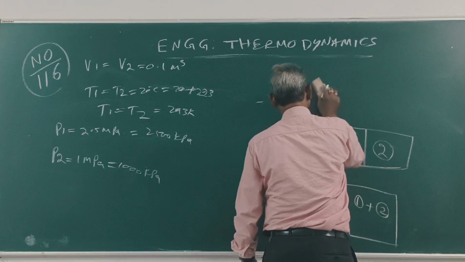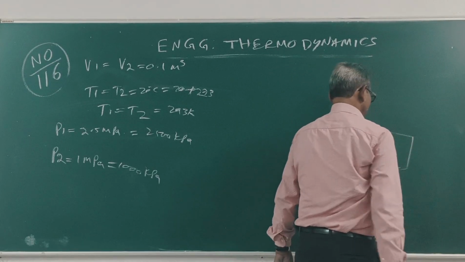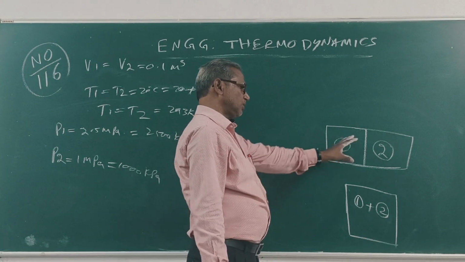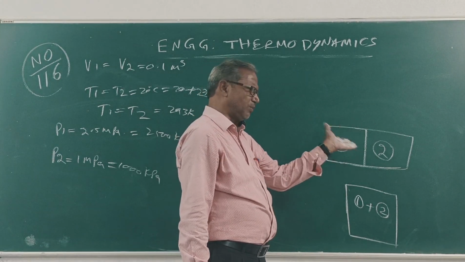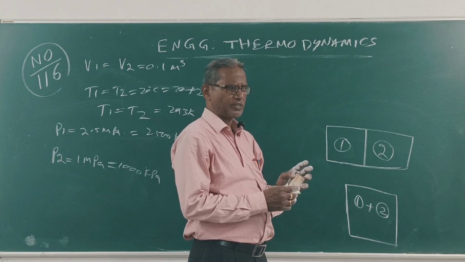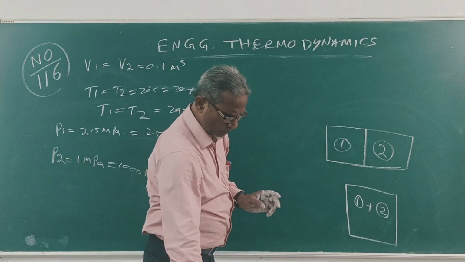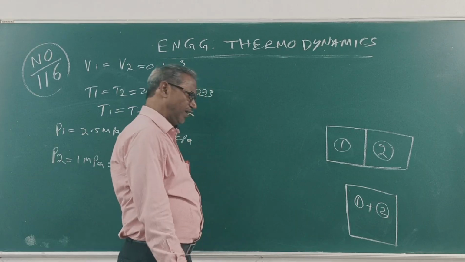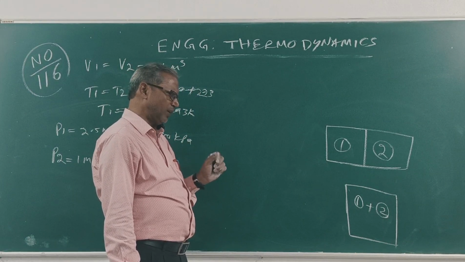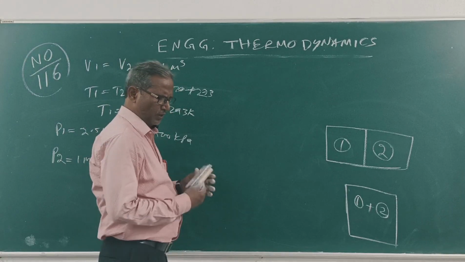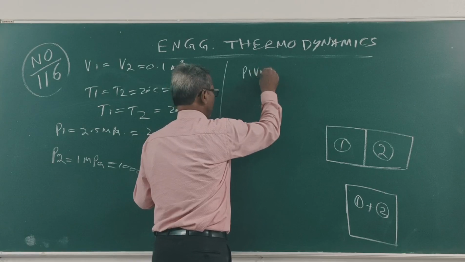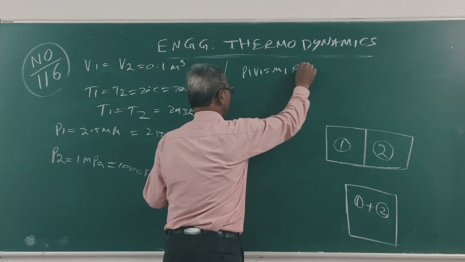Now the diaphragm is removed and both mix together to a uniform pressure P. After mixing, we'll find out all values. First find M1 and M2. For this air, P1 V1 is equal to M1 R T1.